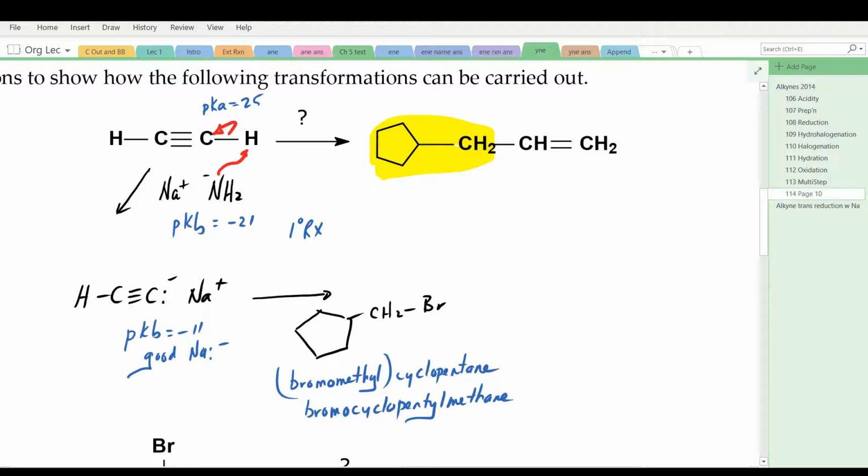In any case, our good nucleophile will undergo a substitution reaction with the primary alkyl halide, displacing the bromide, and we'll have our carbon group that we need.